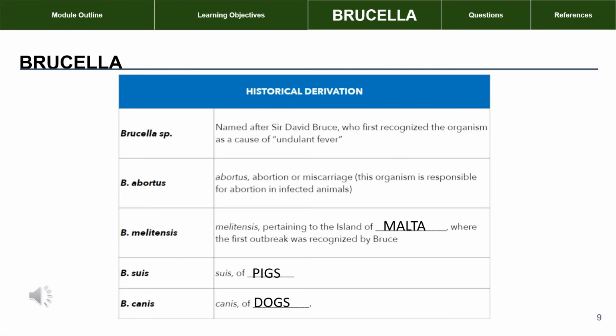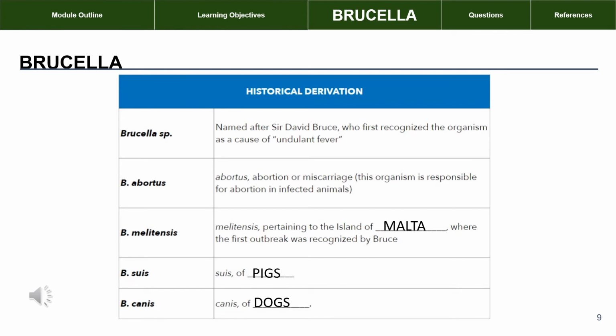In this table, you can see some historical derivations. These are nice-to-know facts, and some are really important. The genus Brucella is named after Sir David Bruce, who first recognized the organism as a cause of undulant fever.